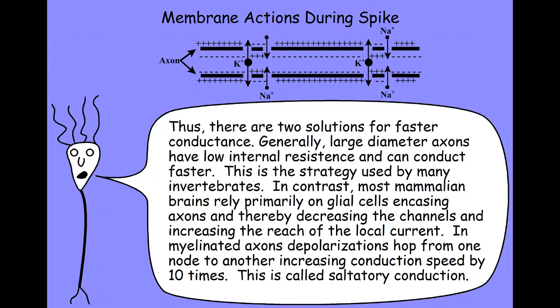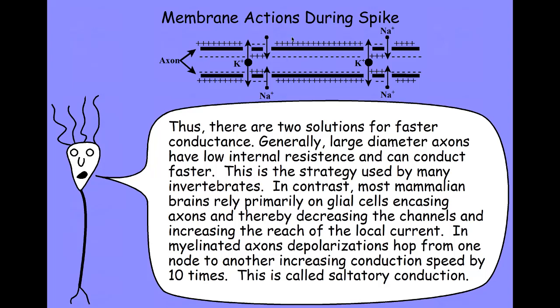Now, how does it work? Well, say this is an area that we've encased with a glial cell. Now, the internal resistance here is such that when sodium influx comes in, there's not going to be any transport in or out here. It's going to bump against these and just push things down.